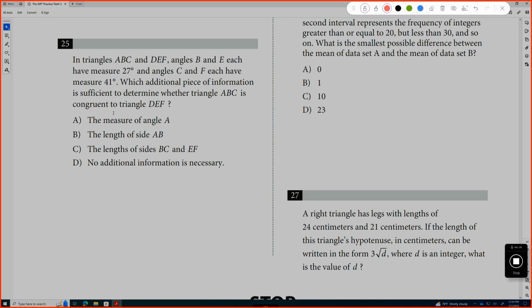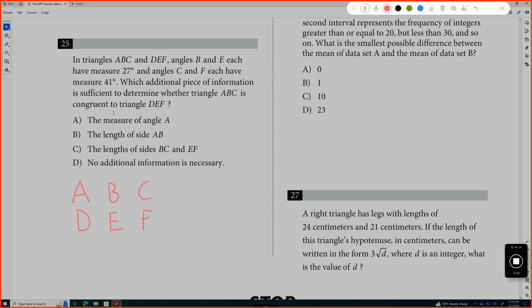Okay, so we have two triangles ABC, and they correspond to DEF. That means that angle A is the same as angle D. They write it in order for a reason, so the corresponding angles match up in order.